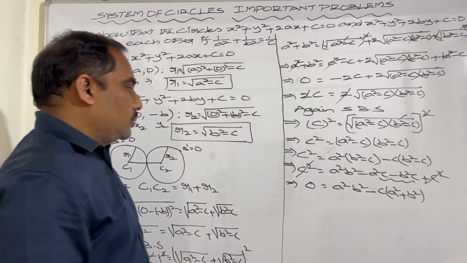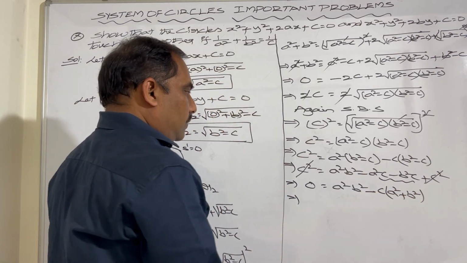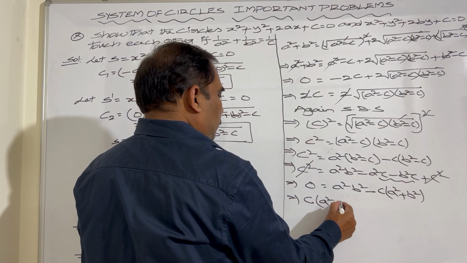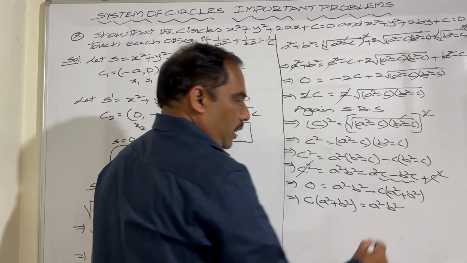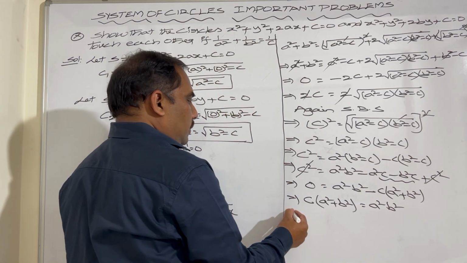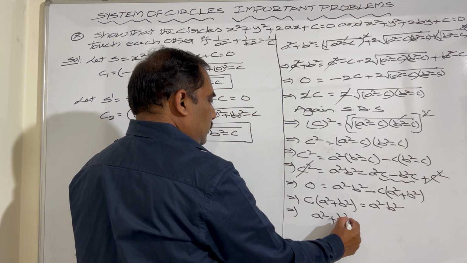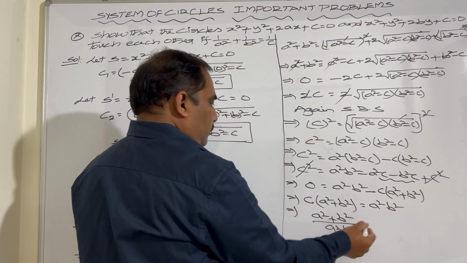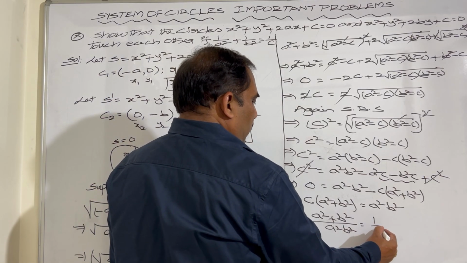So this implies minus c into a square plus b square; if you write it on the left hand side, it becomes plus c into a square plus b square, which is equal to a square b square. Then if you bring this a square b square to the left side, it can be written as a square plus b square by a square b square, which is equal to, if you send this c to the right side, 1 by c.